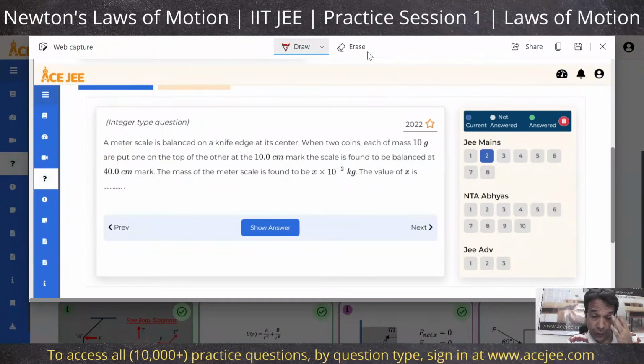Let me read through the question with you guys. It says a meter scale, 1 meter long, is balanced on a knife edge at its center.